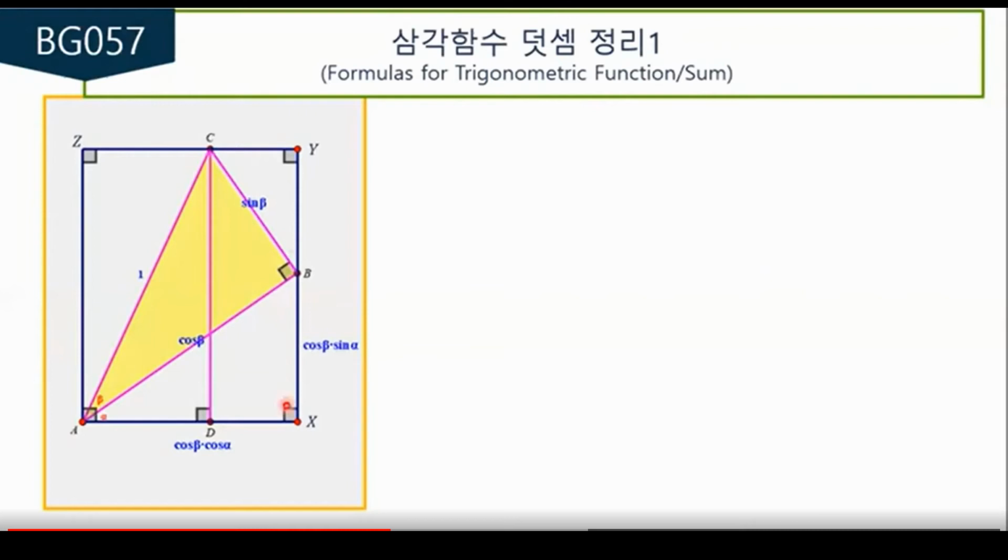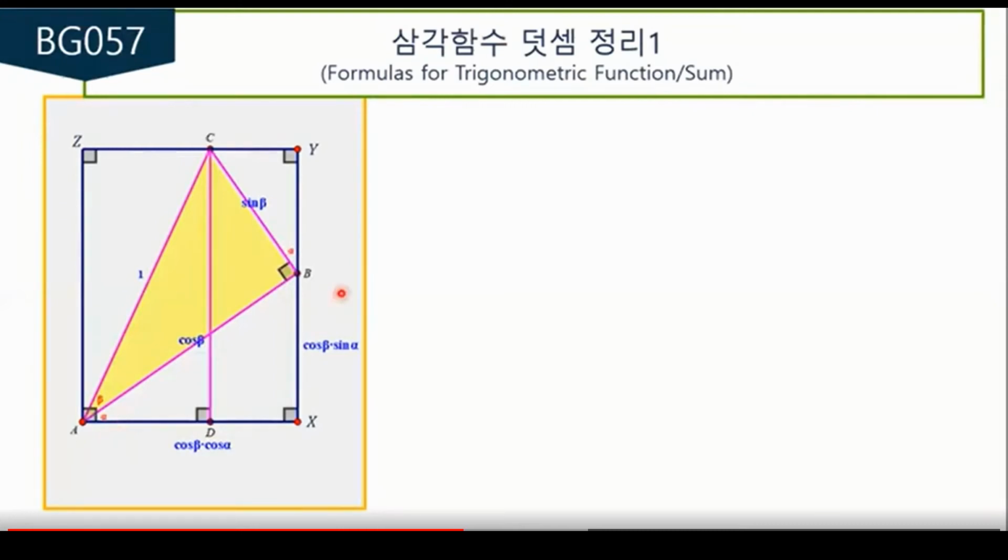Now, let's see these angles here, because this would be alpha, and from this triangle ABX, angle ABX would be 90 minus alpha. But this angle would be 180, and we do have another right angle in here. So the sum of these two angles has to be 90. But this is 90 minus alpha, so this has to be alpha. So this angle and that angle would be the same.